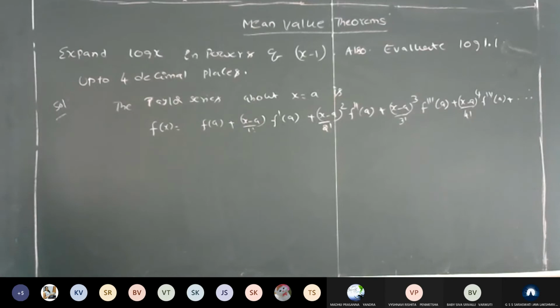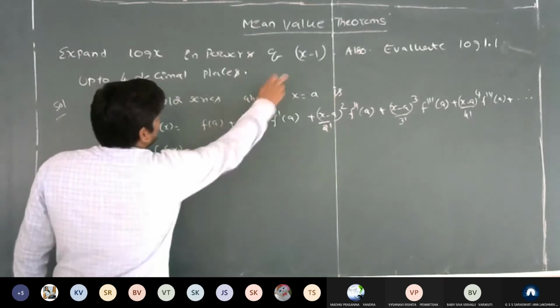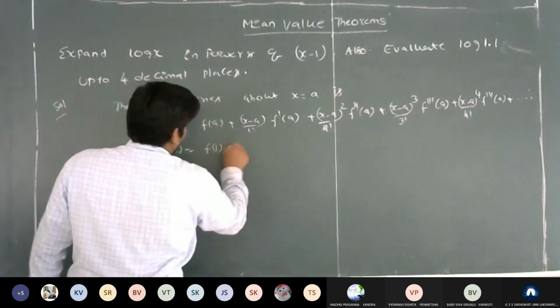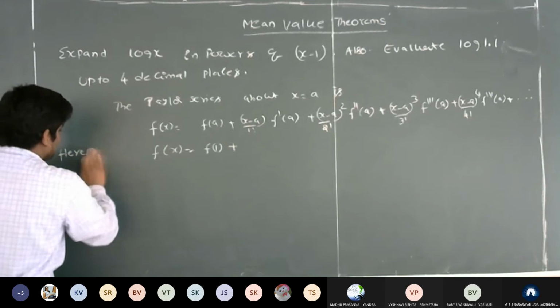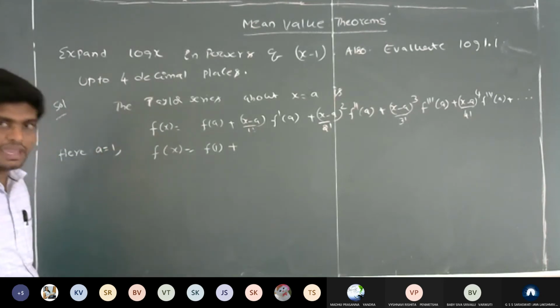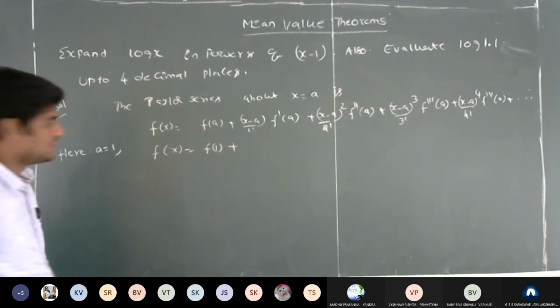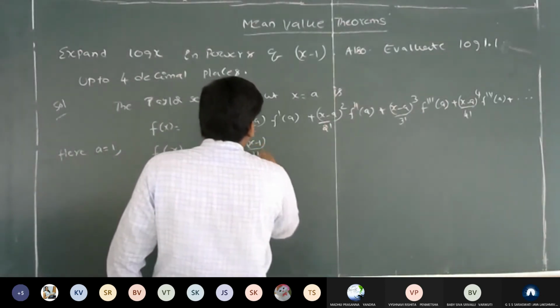Now, in our problem, a is 1. That is, f of 1 plus, here a is equal to 1. We are going to calculate the Taylor series about the point x is equal to 1, so we have to replace that value. So x minus 1 by 1 factorial is nothing but 1.